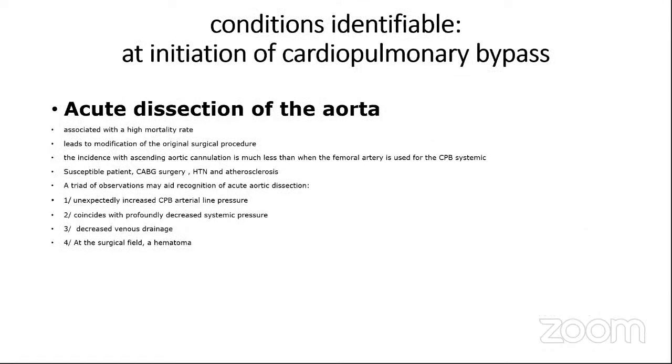Then once we are initiating the cardiopulmonary bypass, the patency is a condition that can be identified during initiation, where we have to ensure the patency and continuity between the patient's vascular system and the cardiopulmonary bypass circuit: cannula malposition, kink in any tube or clamp, absence of any air bubble in the lines.